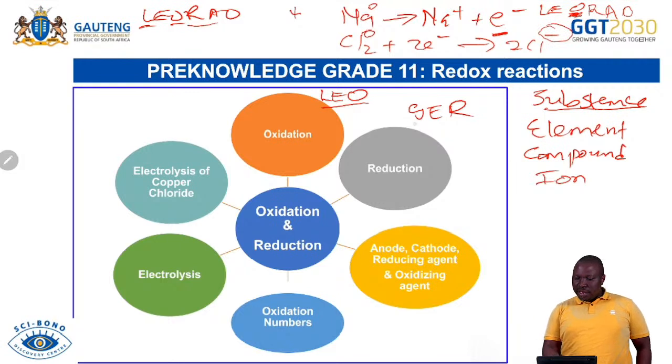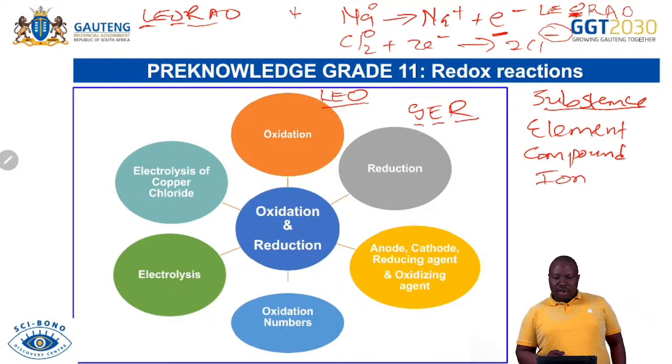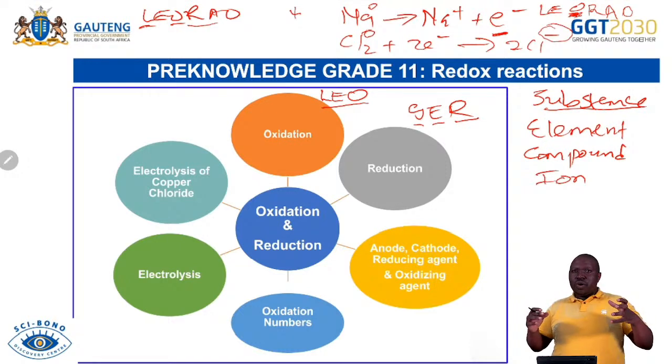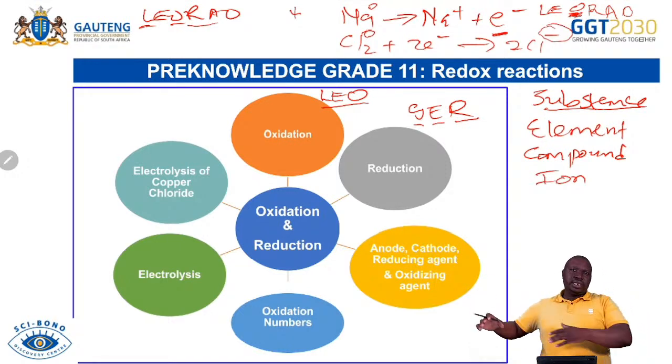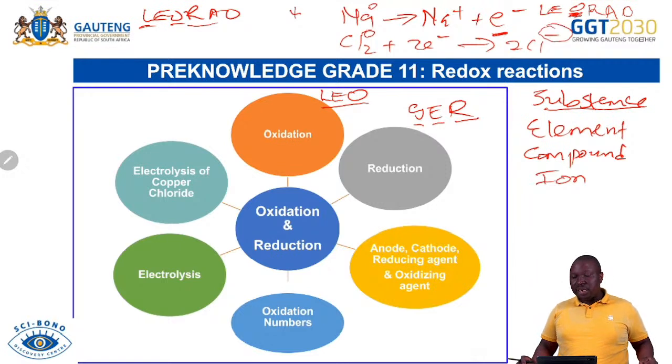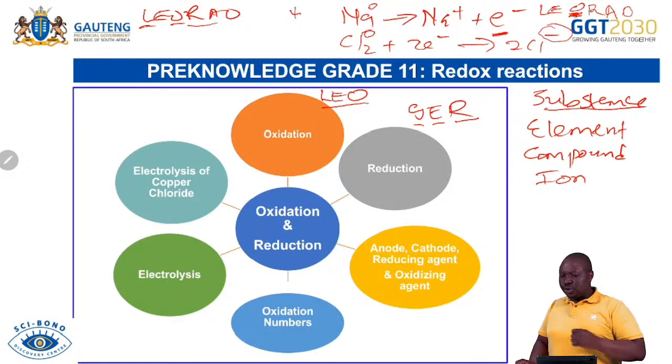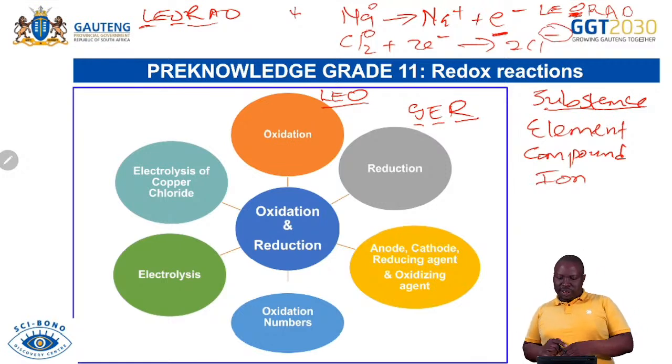We say gaining of electrons is reduction. Chlorine was at 0. Now it's at -1. So obviously it shows that it's gaining electrons. When you gain negative, you are undergoing reduction because you're not gaining something positive, you are gaining negative. Hence, gaining of electrons is reduction. So don't forget that gaining of electrons is reduction.